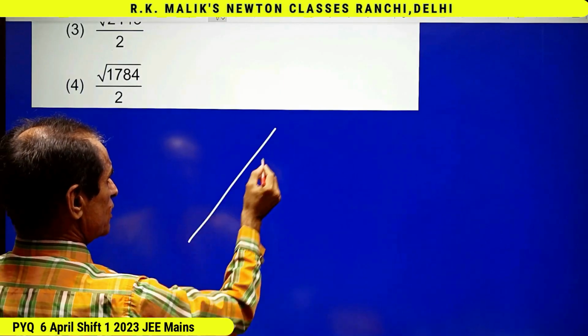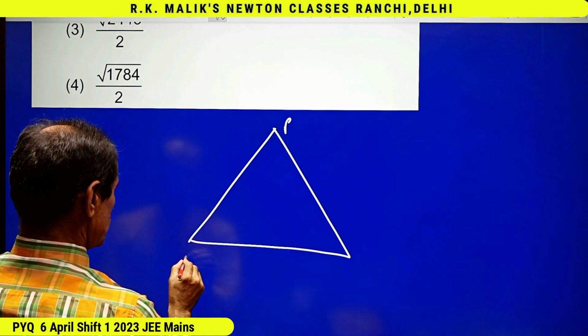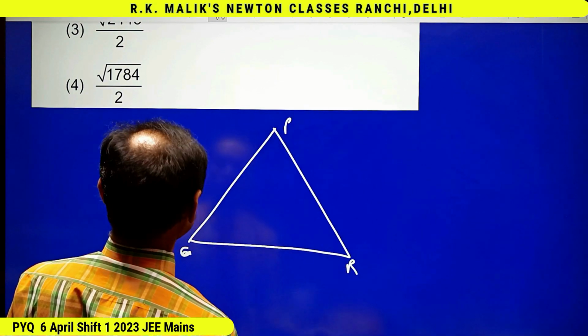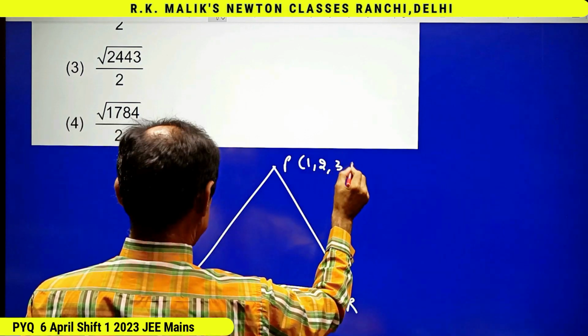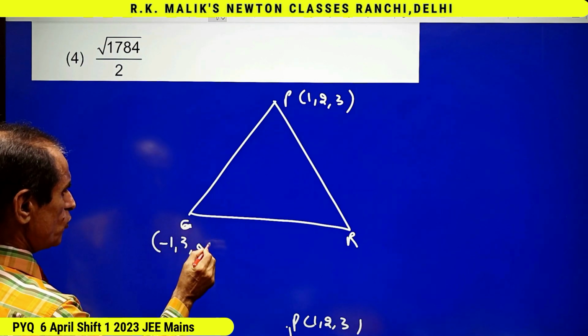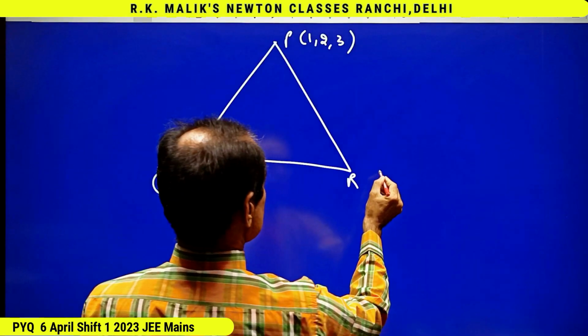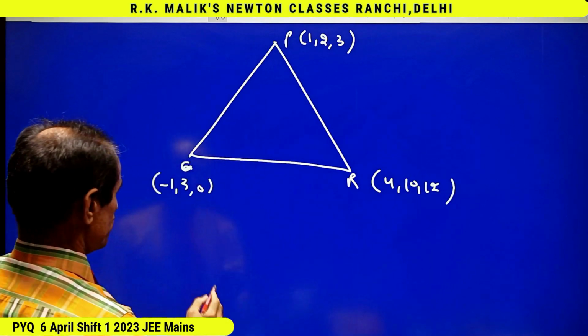Hence, we have got a triangle with vertices P, Q, R. P is the point 1, 2, 3. Q is the point minus 1, 3, 0. And R is the point 4, 10, 12.